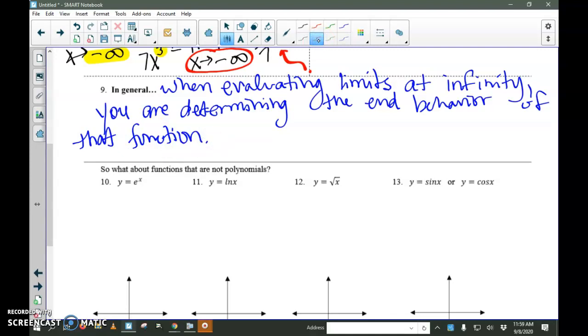Okay, you may have a horizontal asymptote. Horizontal asymptote is possible, and if that's the case, you write it as y equals, okay? Or you may have no horizontal asymptote, all right? So things to think about.